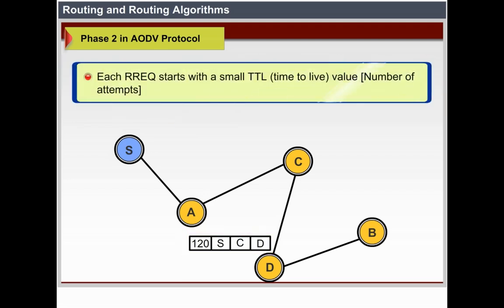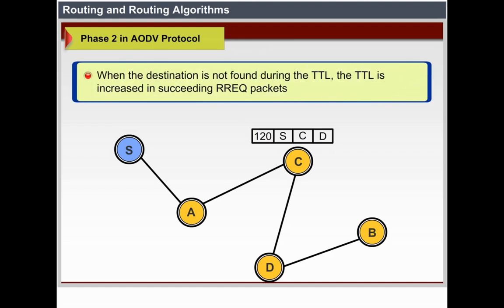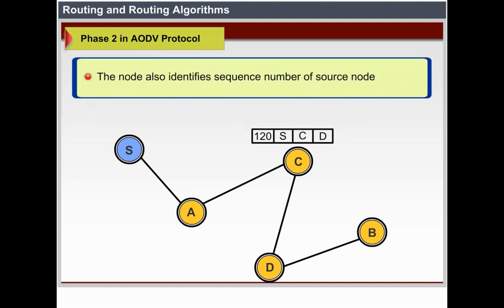Each RREQ starts with a small TTL, time to live, value, and number of attempts. If the destination is not found during the TTL, the TTL is increased in subsequent RREQ packets. The node also identifies the sequence number of the source node.